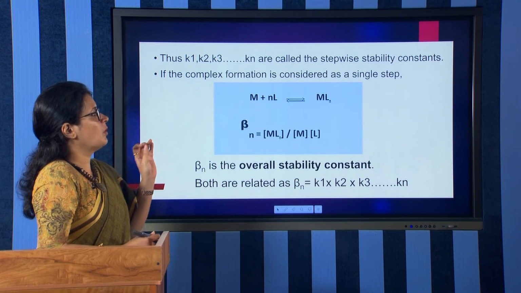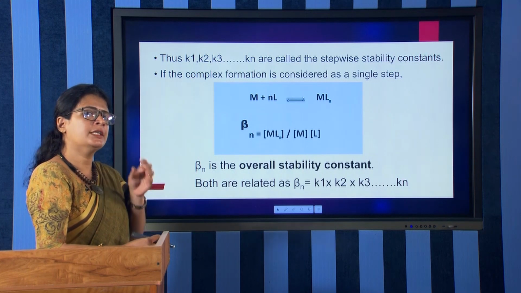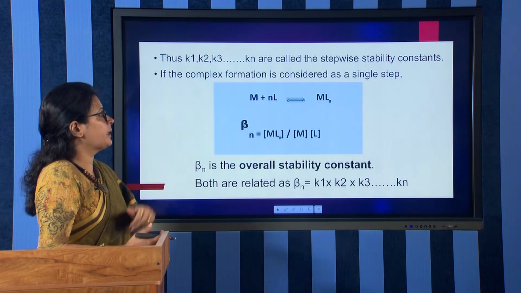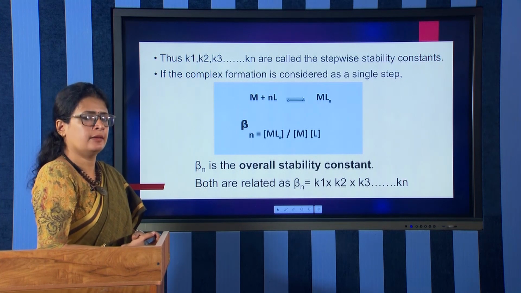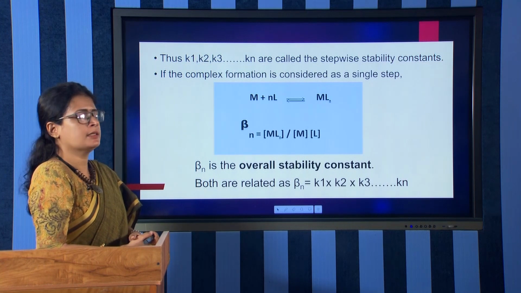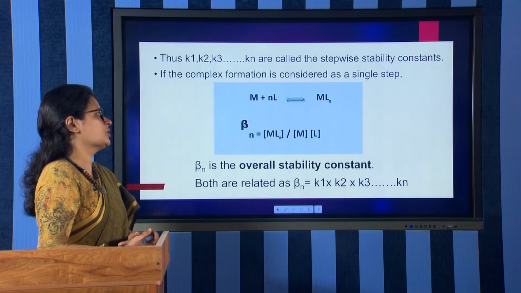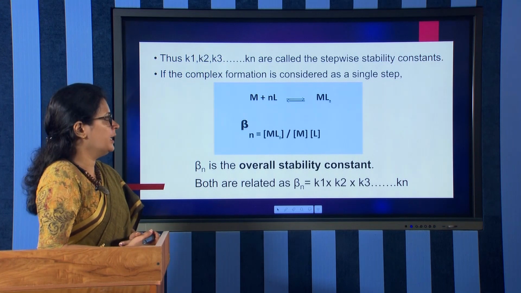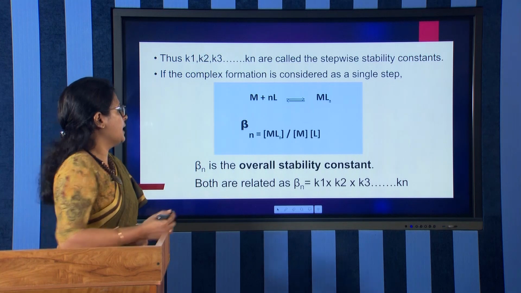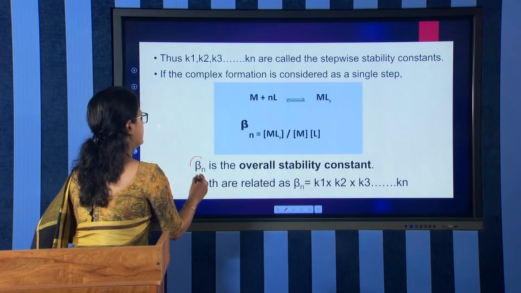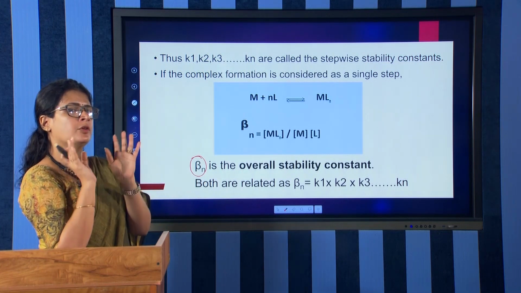But if the complex formation takes place in a single step, it can be represented like this: M plus nL giving MLn. In that case, the stability constant can be written as beta n equal to the concentration of MLn divided by the concentration of M into the concentration of L to the power n. This beta n is called the overall stability constant, because it represents the stability constant of an overall reaction.